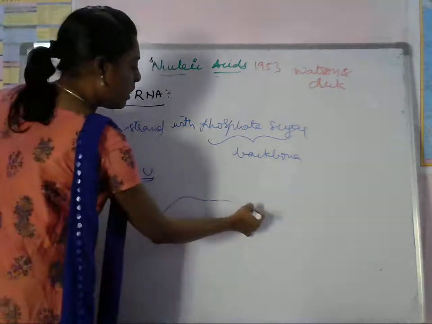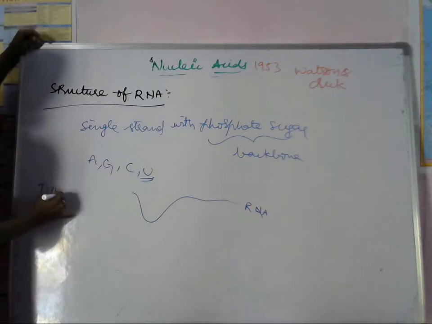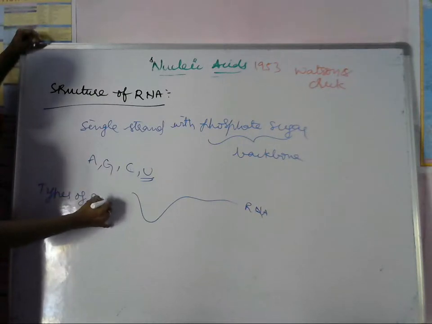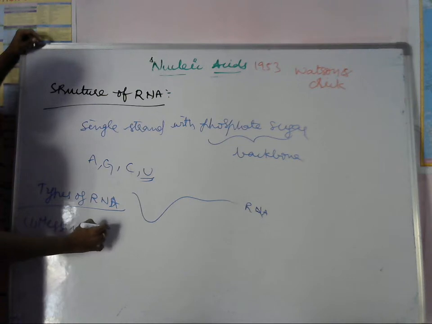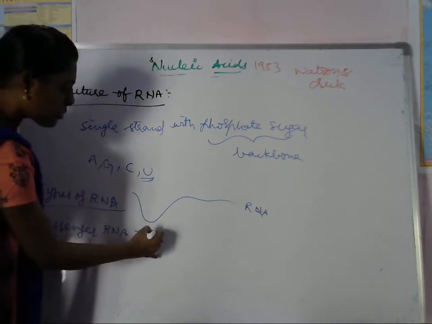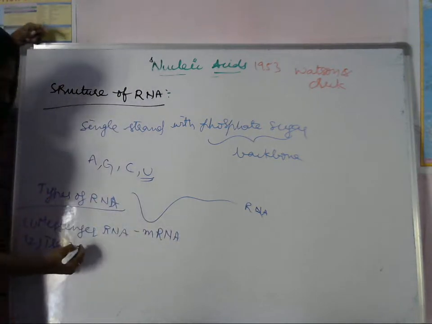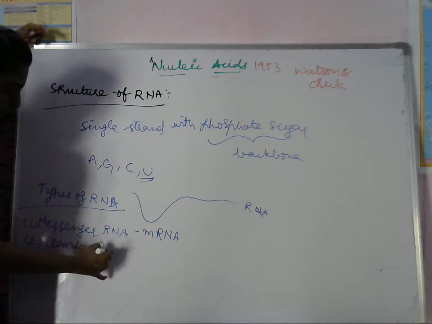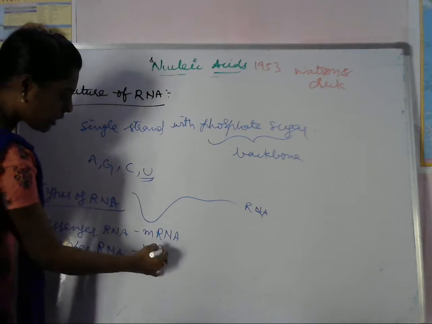This is RNA. We have three types of RNA, so let's see the types of RNA. One is messenger RNA, the short form of which is mRNA. Next one is transfer RNA, which is tRNA.